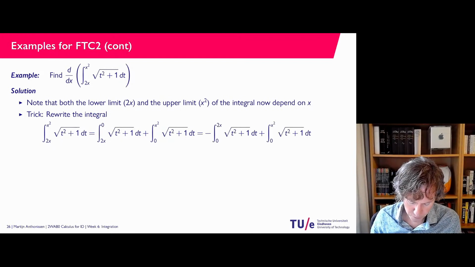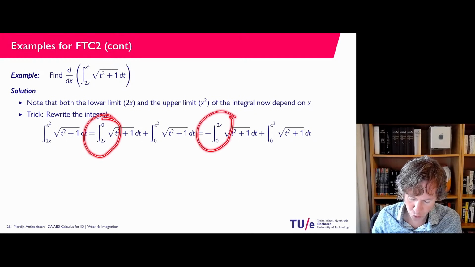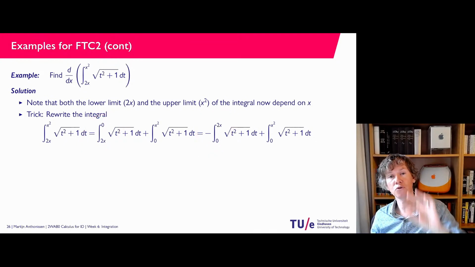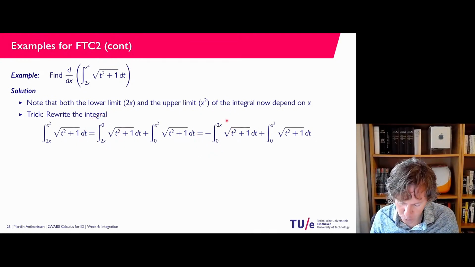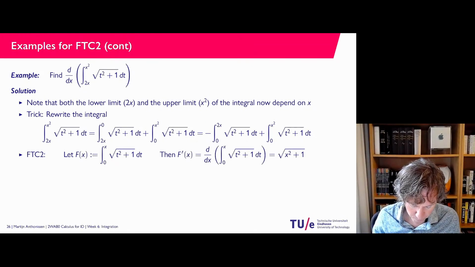Next, this first integral, I can swap the integration order, but then I get a minus sign. And then I'm already quite close to the form that FTC2 works for. Constant to x. Well, not really x, there is a 2x and there is an x squared, but hopefully these two are related to this thing from 0 to x.